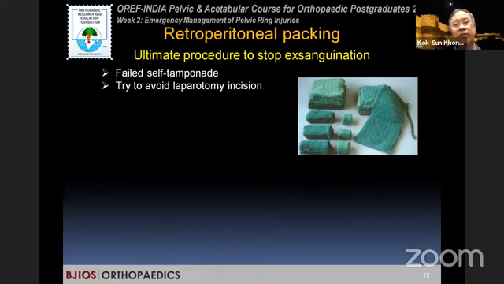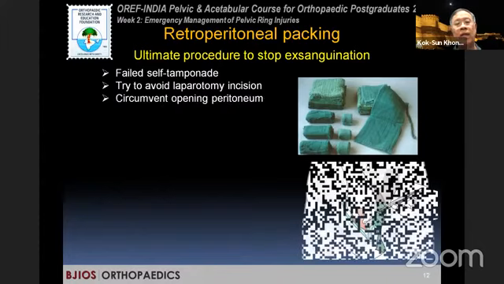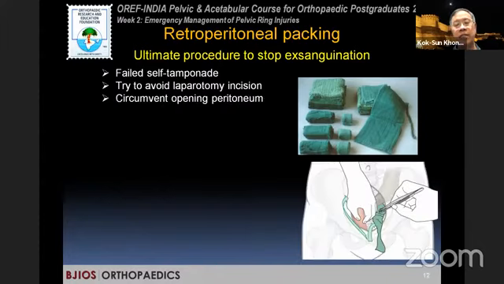Try not to do it after a laparotomy, and don't put the packs, as you can see on the right, into an intra-abdominal position because they will float around and lodge somewhere else. The bleeding is not from the intraperitoneal, it's in the retroperitoneal space. If you do an incision to apply the packs, try to keep the peritoneum intact so that your packs will have something to pressurize against. Otherwise, they end up within the abdominal cavity.